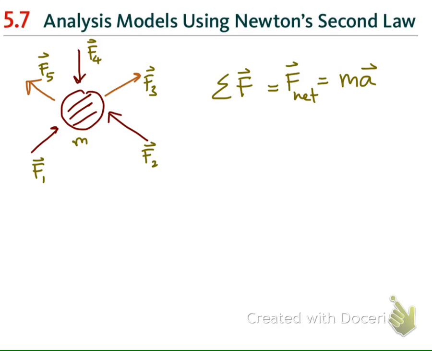So we can write the acceleration a as the summation of F over m. Okay, and from this point we can use the results from previous sections to analyze the motion of these particles.